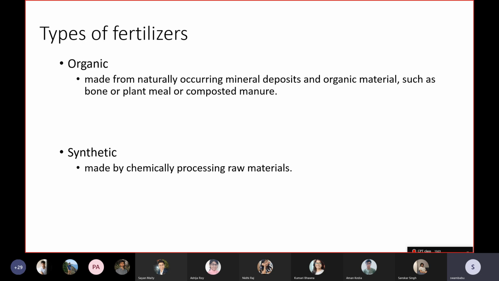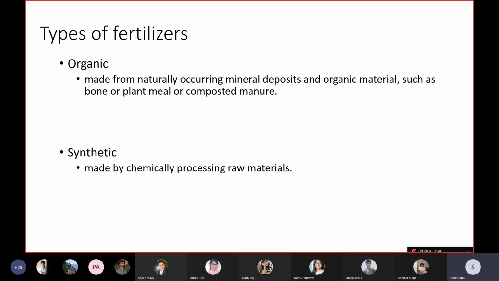Sorry, hope my voice is clear. So organic fertilizers are made from naturally occurring minerals or organic materials such as bone or plant meal or composted manure.